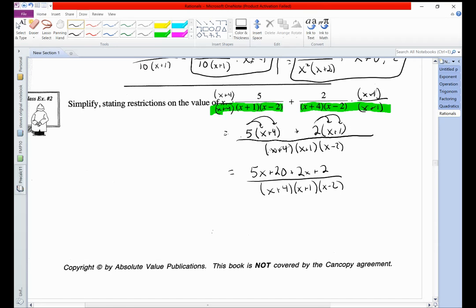I think I fixed the pen, which is good. And now we can combine all of our like terms. So the top is 5x plus 2x, which is 7x, and 20 plus 2 is 22. And we leave the bottom alone because if we don't, then we're going to have to refactor.